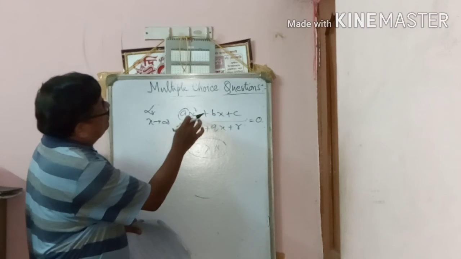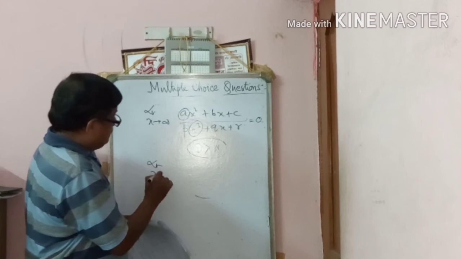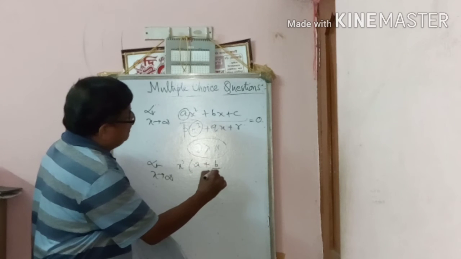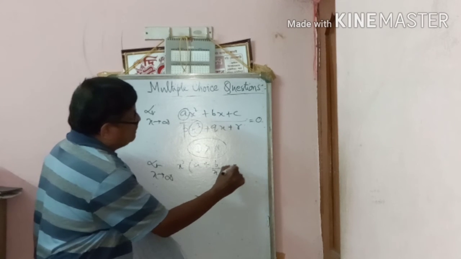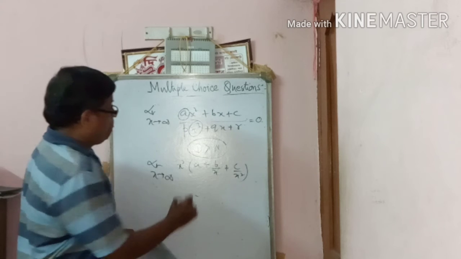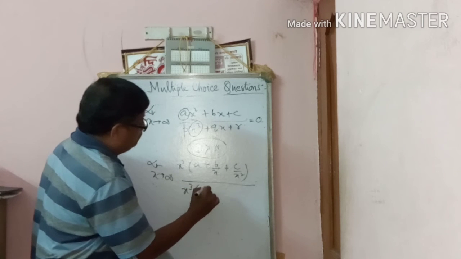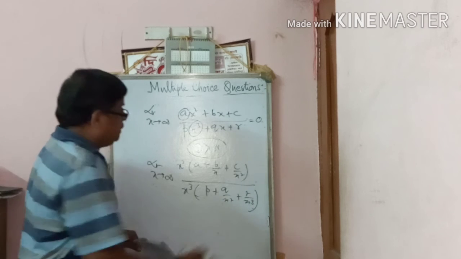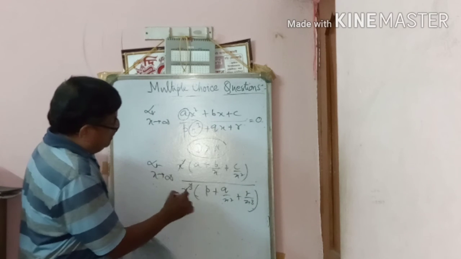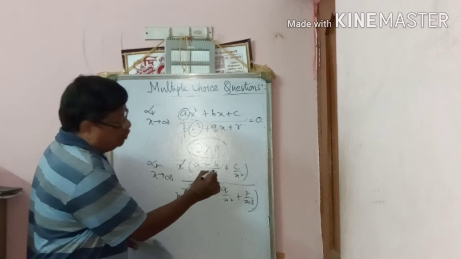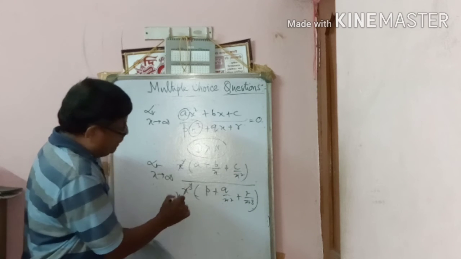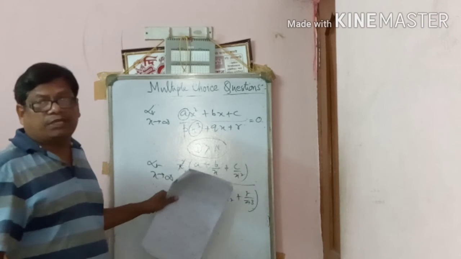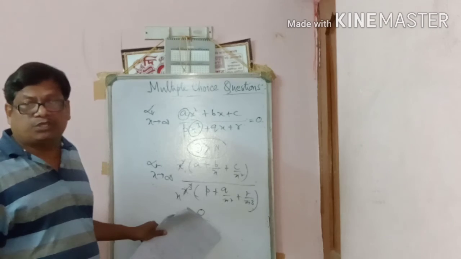Divide both by x square. Limit x tends to infinity, x square common: (a plus b by x plus c by x square), and here take x cube common: (p plus q by x square plus r by x cube). Now x is infinity, so this is 0, this is also 0, this also 0. 1 by infinity is 0, so the direct answer.